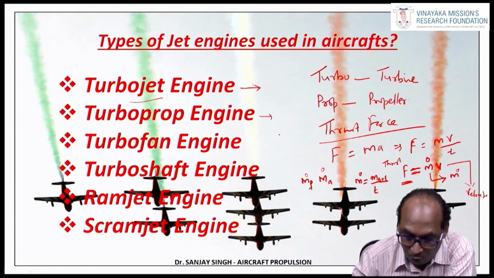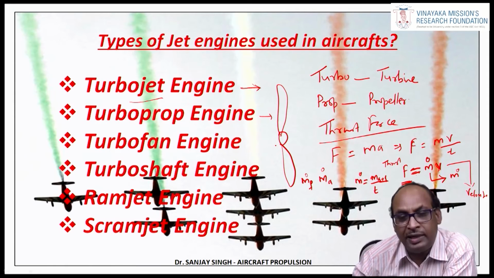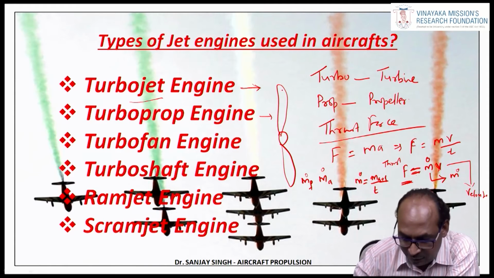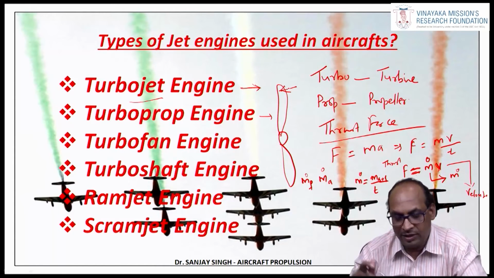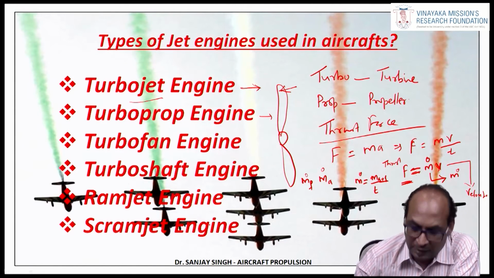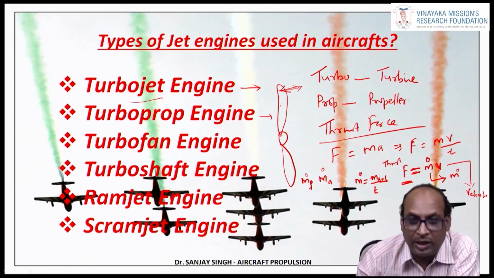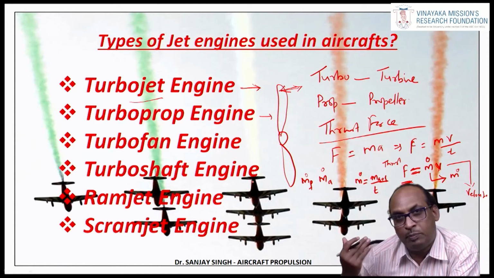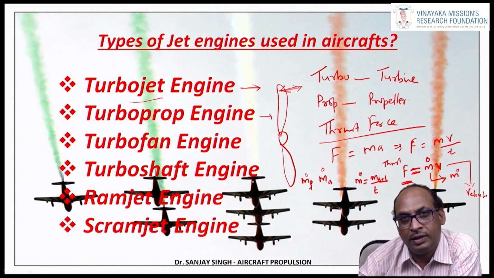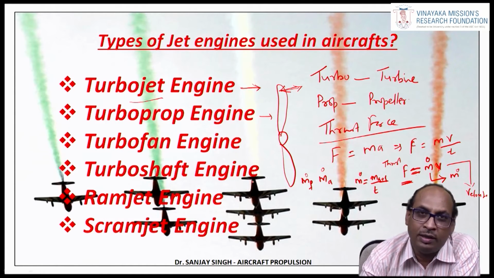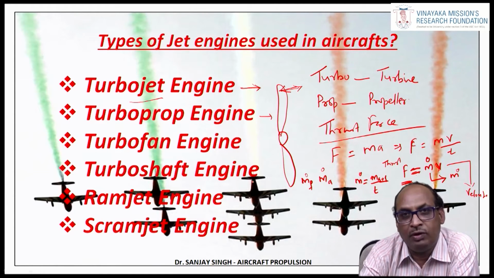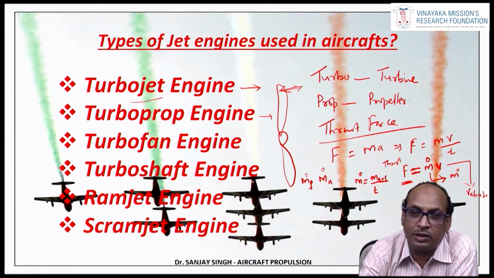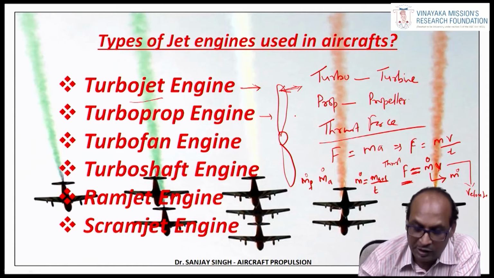Now when we use a propeller, the propeller is used to capture a large mass of air and then throw it back. Thereby, as per Newton's third law, the reaction also takes place and a reactive thrust force is created on this propeller.